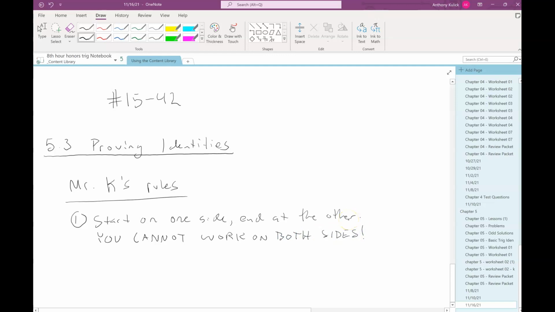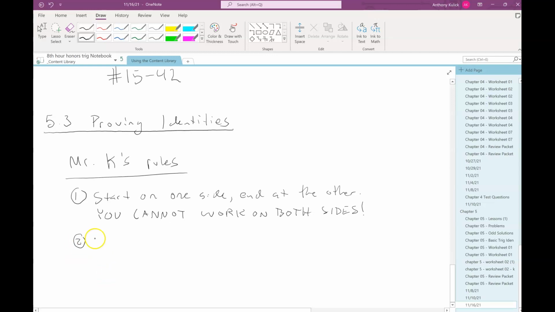So the first rule is you can pick which side you want to work on. You start out working on one side. You end when you get to the other side. You can't work on both sides and meet somewhere in the middle. Okay? My advice is typically start with the more complicated side.